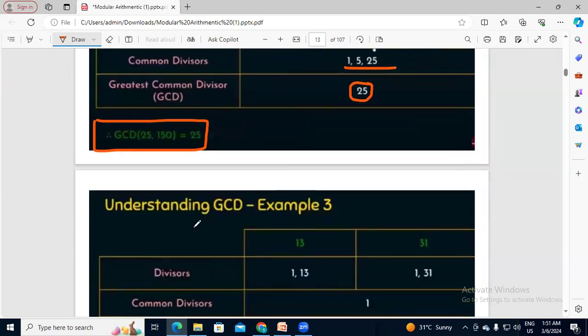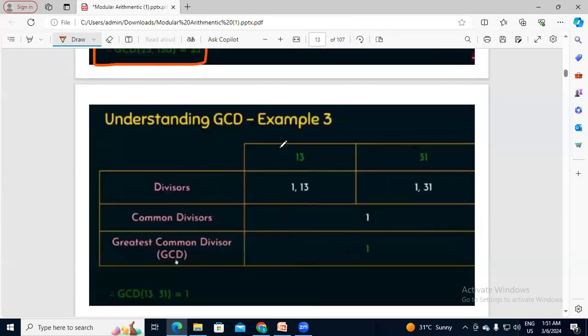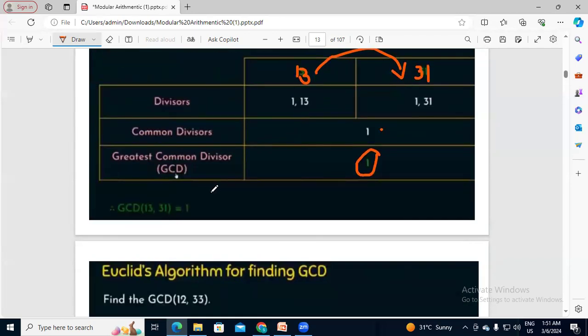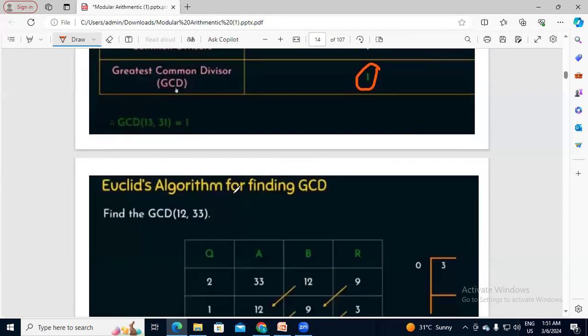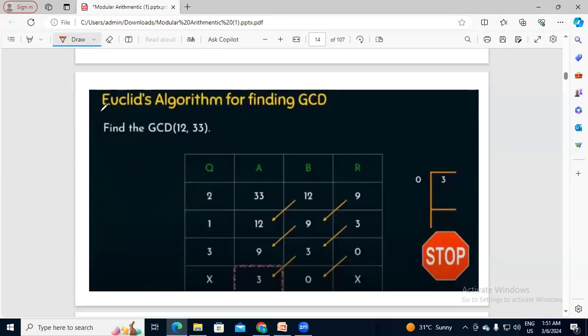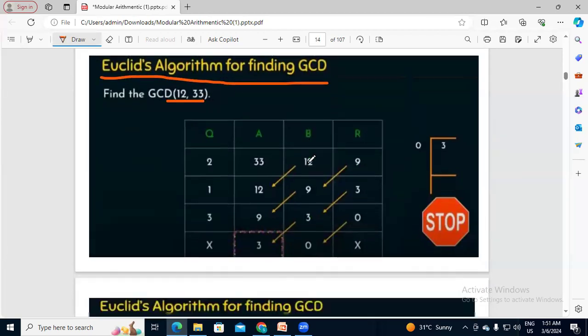Moving on, when the GCD of two numbers, here 13 and 31, is 1, then 13 and 31 are called co-prime numbers. Now, Euclid's algorithm to find the GCD of the numbers.